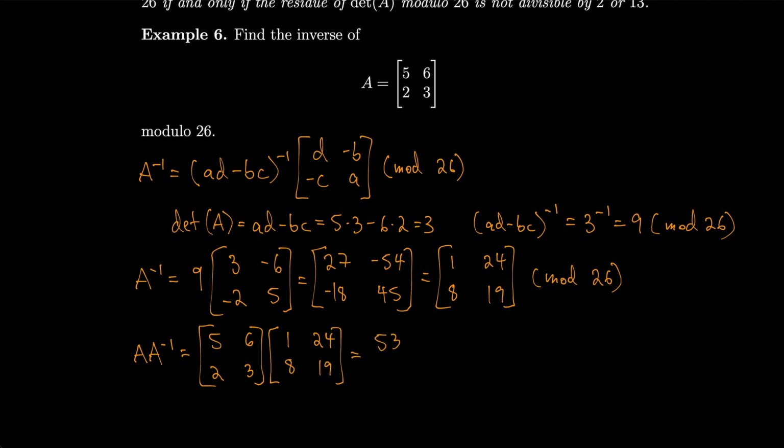So we get 53, 234, 26, 105. And 234 and 26 are both multiples of 26, so those are equal to 0 modulo 26. And 53 and 105 have remainders of 1. So yeah, that's the identity, mod 26.